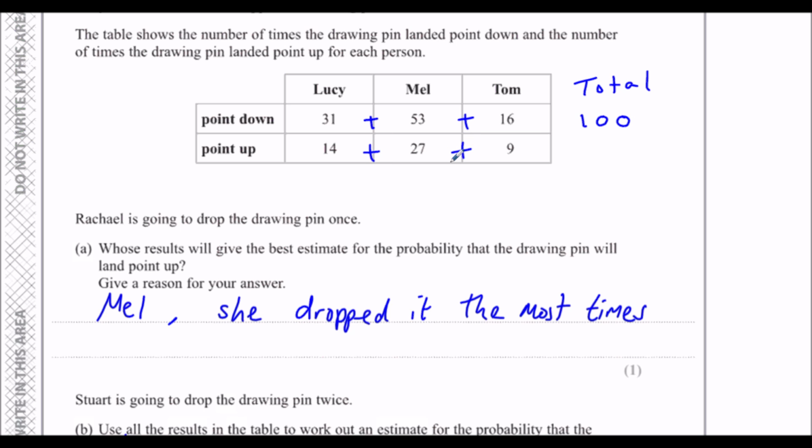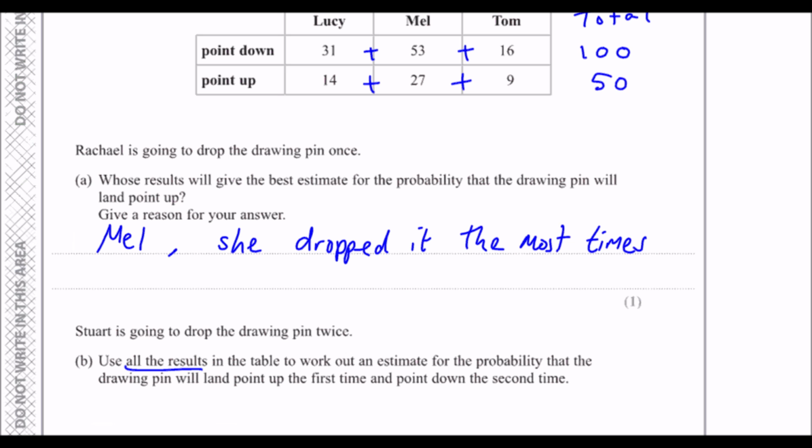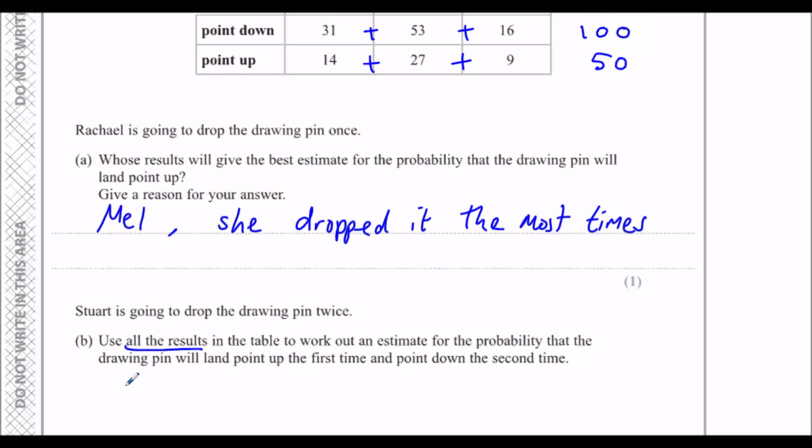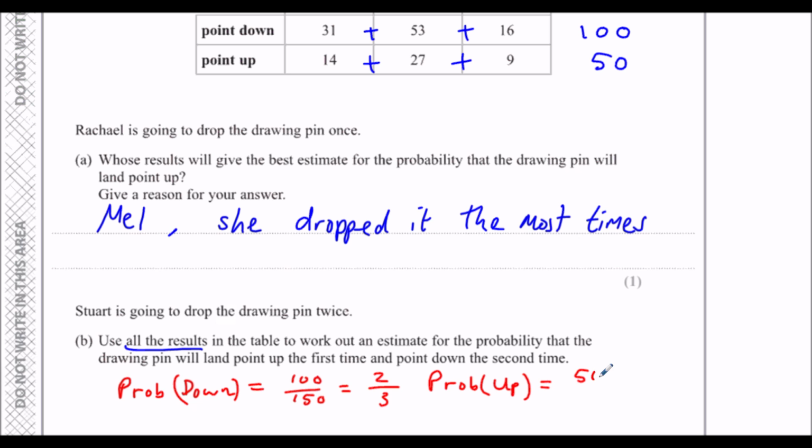And point up, 14 plus 27 plus 9, and that's 50. So the probability it points down is 100 out of 150, which simplifies to 2 over 3, and the probability that it's up is 50 out of 150, which simplifies to 1 out of 3.